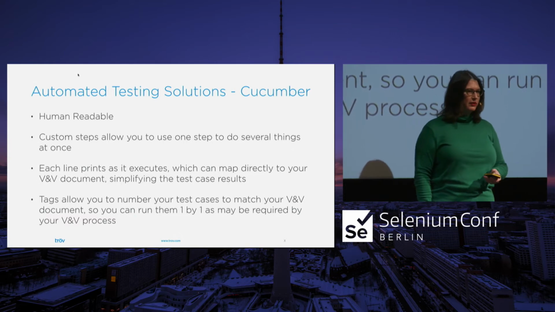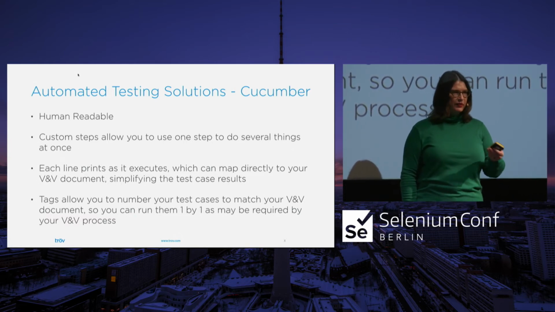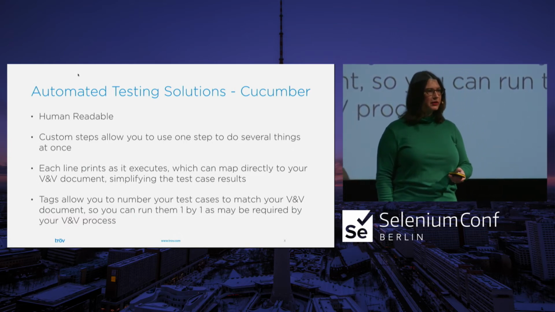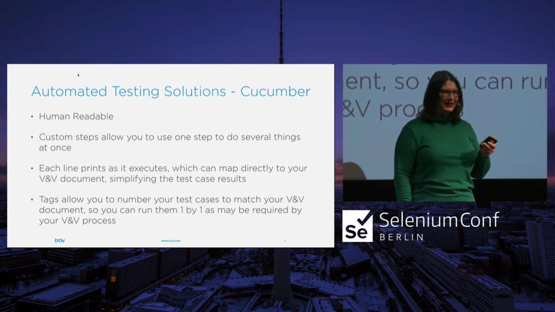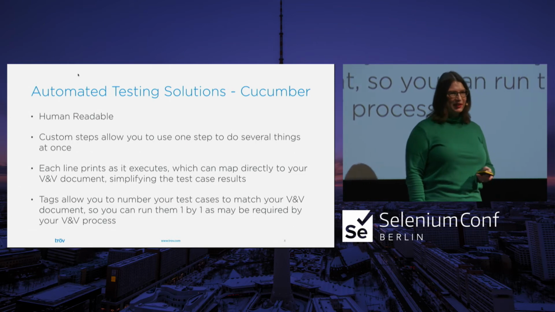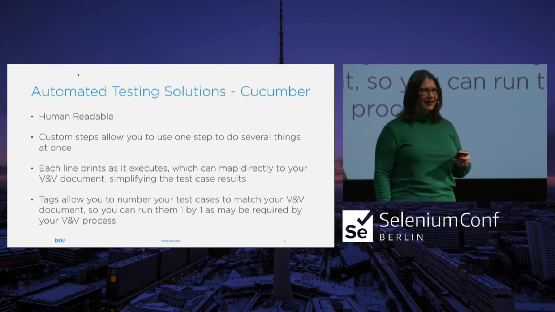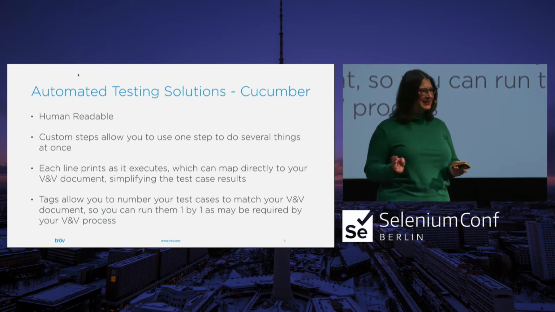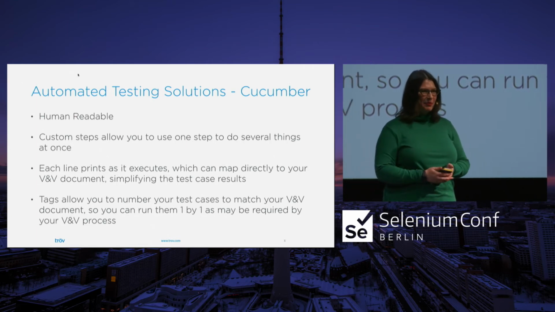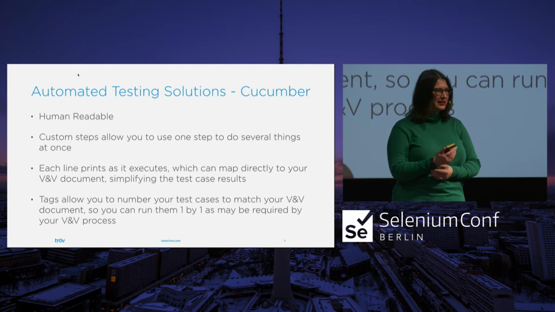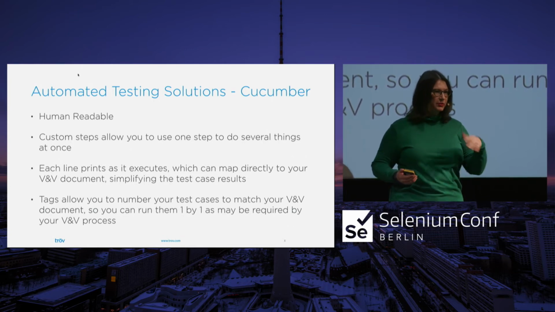This is really helpful because when you run a V&V document, it's meant to be run in order. You're not to skip, you're not to go ahead, you're not to move. It's an ordered document, which is against everything in how we test, because we would like to not have dependencies in our tests, but they assume dependencies. So our V&V document could actually be run in any order.